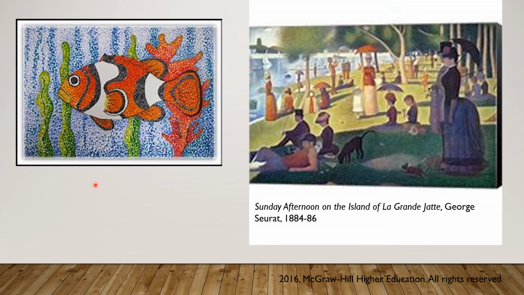You have to have the dots close enough together so that you can see what color the object is, but it can work the other way as well. This particular painting, Sunday Afternoon on the Island of La Grande Jatte, hangs in the Chicago Art Museum, and it's huge, it's big, and this entire thing is done with dots of color.